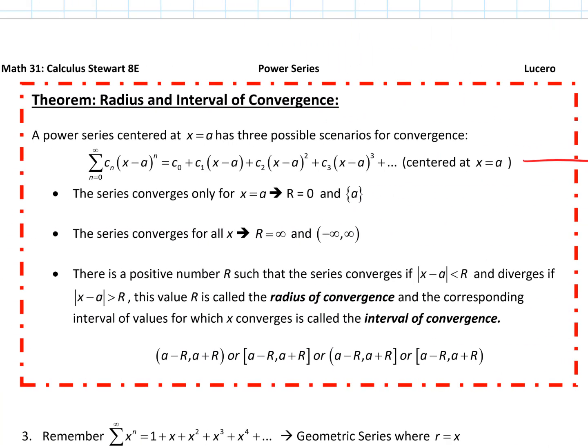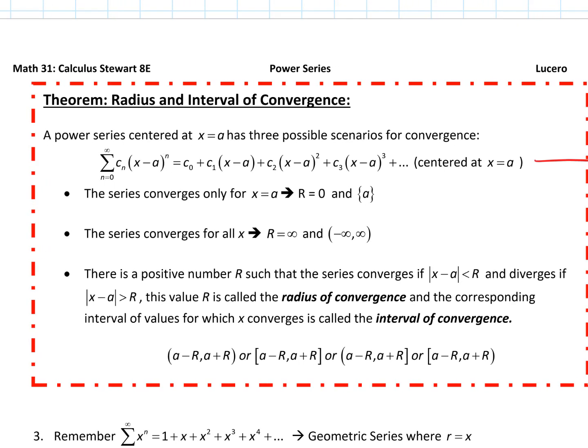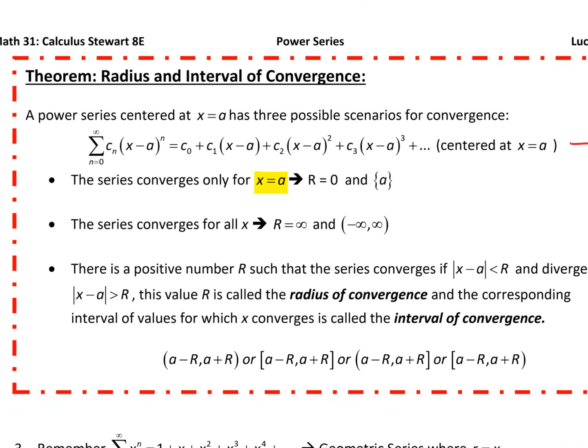Okay, so when we have a power series, we have three possibilities. We have the possibility that the series converges only at x equals a. So for just a single value, this is a single value convergence. This is the most restrictive type of convergence. It only converges at a single value.